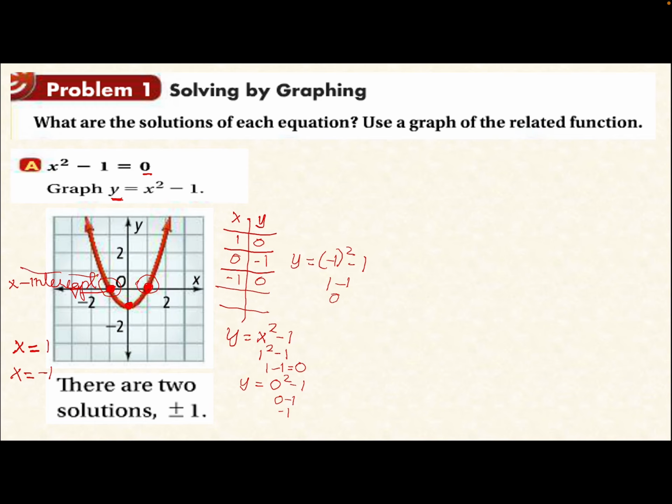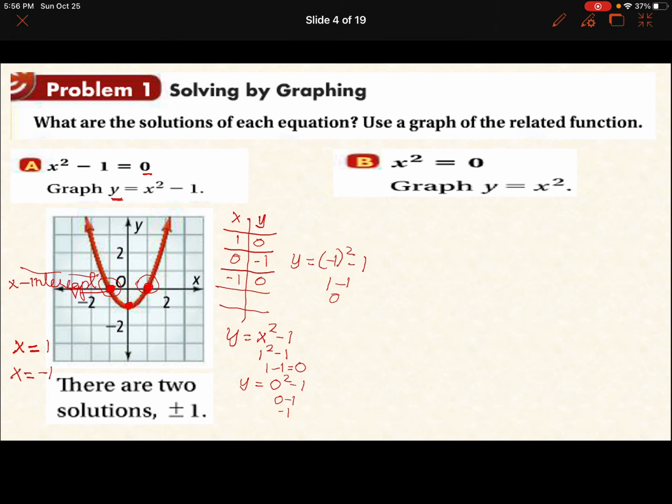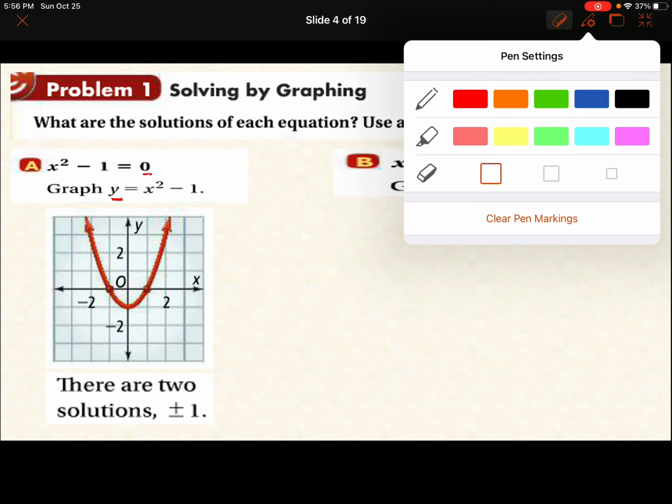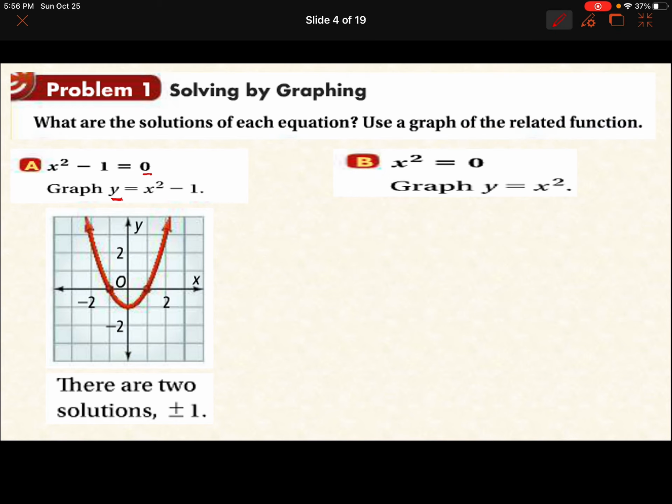Next, we have another example. The next one, we have y equals x squared.